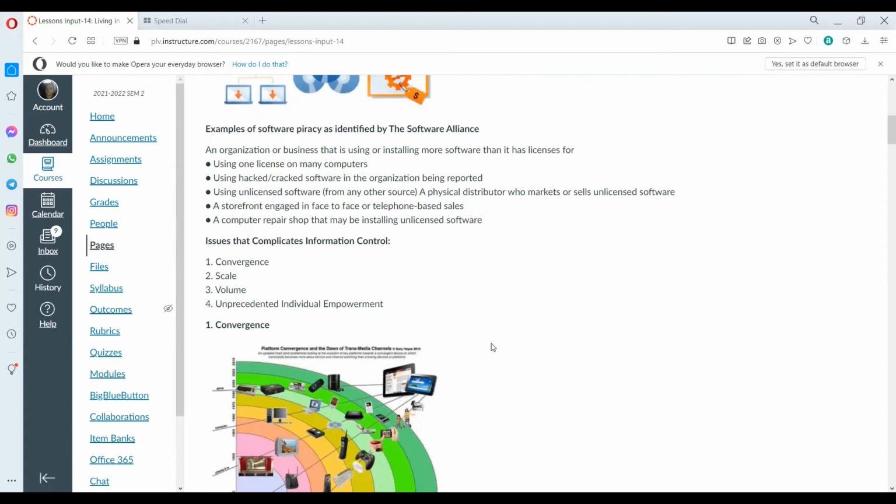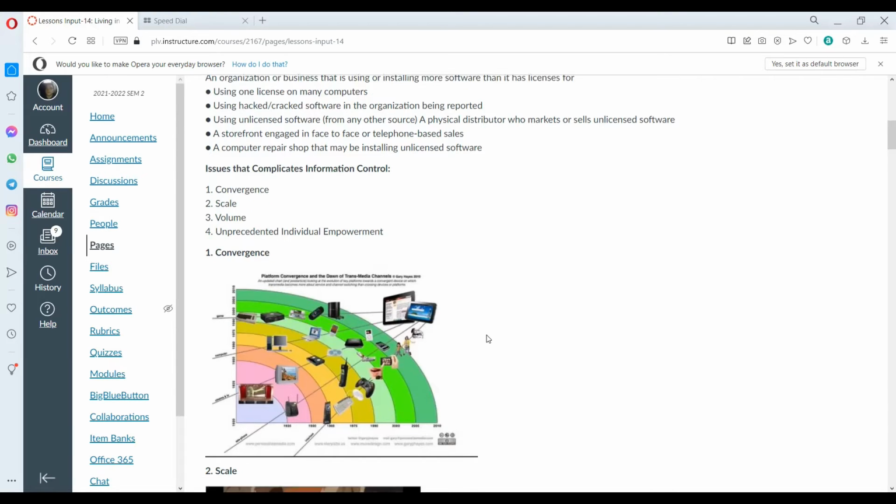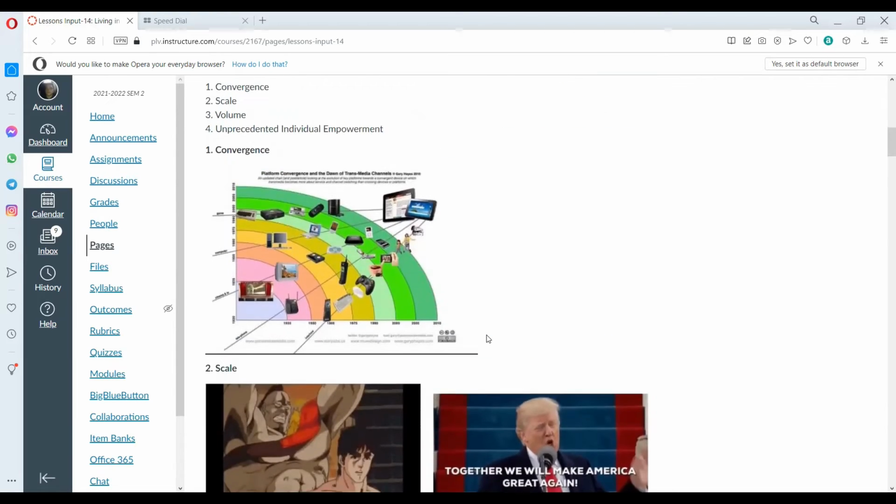Issues that complicate information control. First is convergence, next is scale, then volume, and unprecedented individual empowerment. When we say the term convergence, we are referring to how things are interconnected in order to achieve one particular end goal.